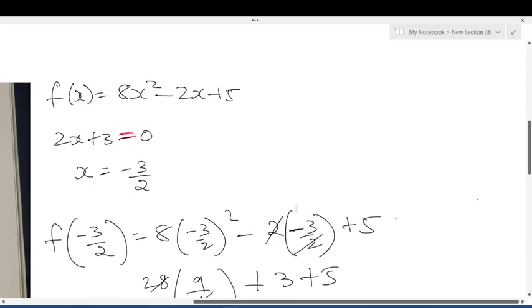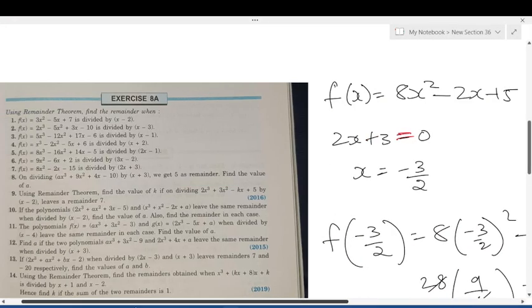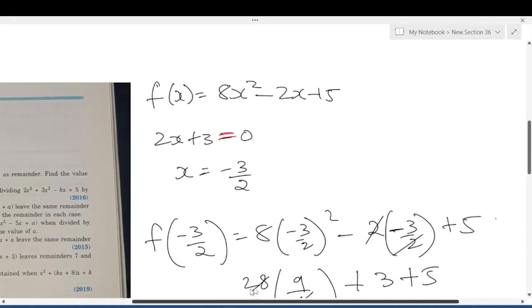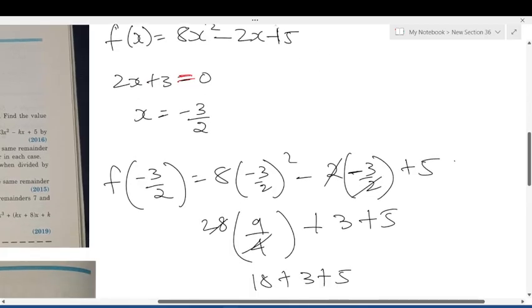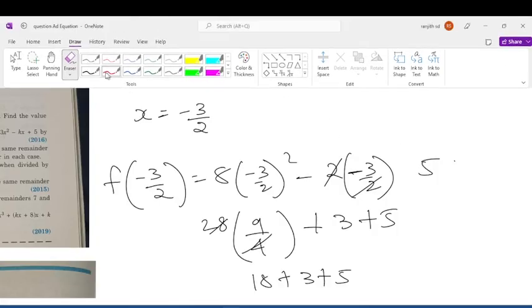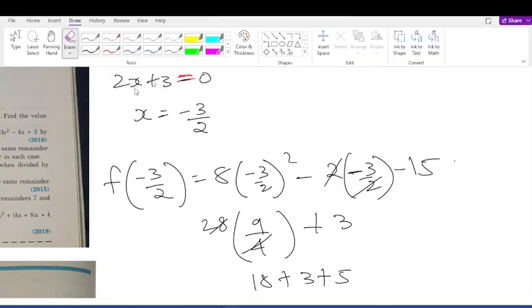Is it 15? Okay, look at the question from the textbook and solve it. Yes, 15. It is minus 15 here. I have taken it as plus 15. Okay, if you have copied plus 5, erase that, student. Erase it and do it again, minus 15.